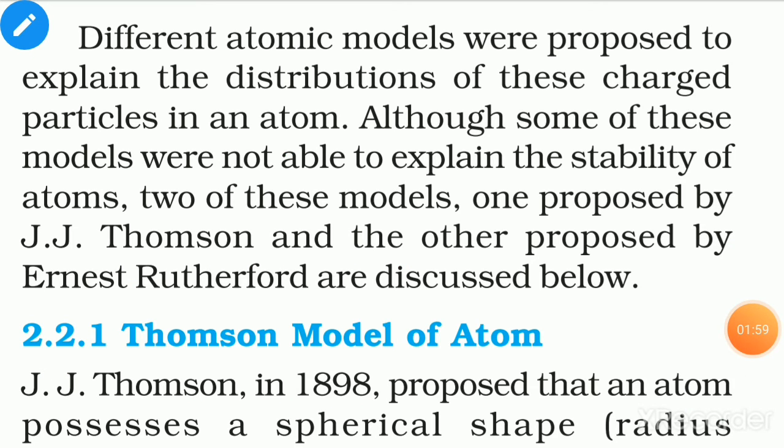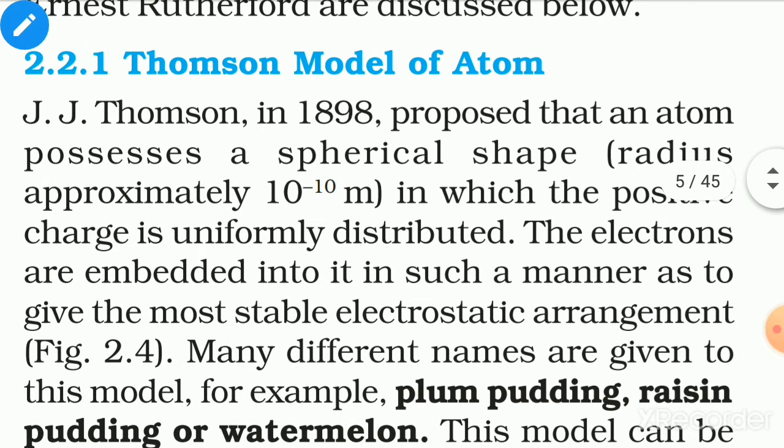Now, different atomic models were proposed to explain the distribution of the charged particles in an atom. Although some of these models were not able to explain the stability of atoms, two of these models, one proposed by Thomson and the other by Rutherford, are important. First, Thomson's model. According to him, the electron is embedded in it in such a manner as to give the most stable electrostatic arrangement.